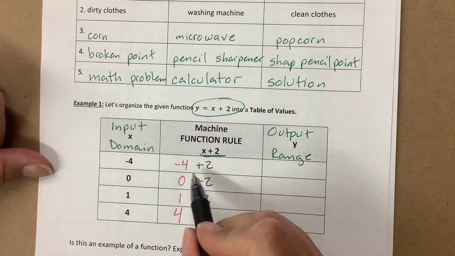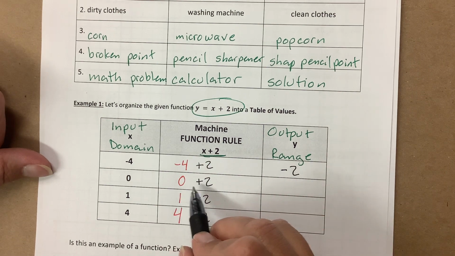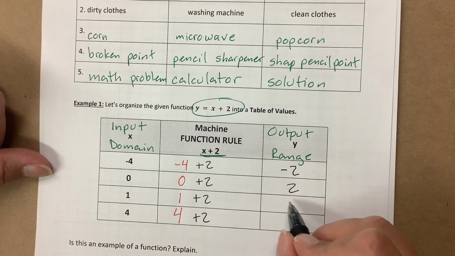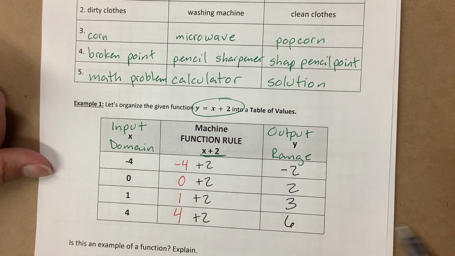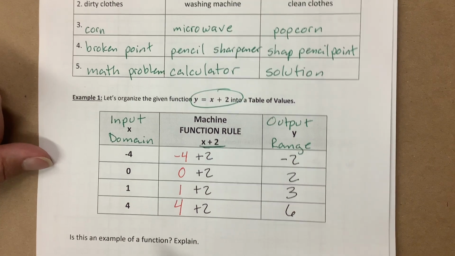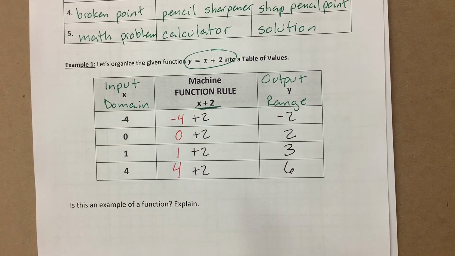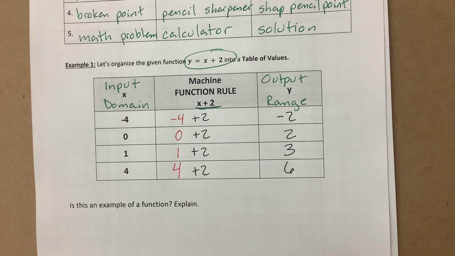So -4 plus 2 is -2. 0 plus 2 is 2. 1 plus 2 is 3. 4 plus 2 is 6. So I put in a number and I get out a different number because it's going to follow the function rule.